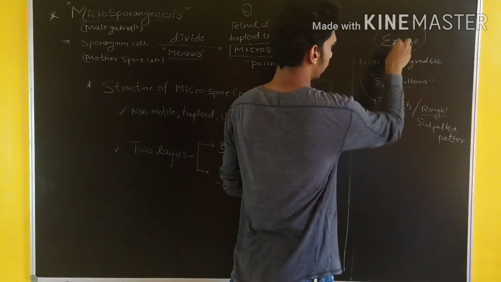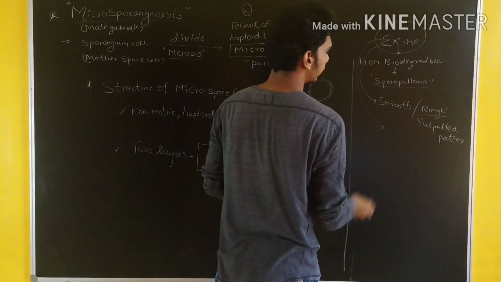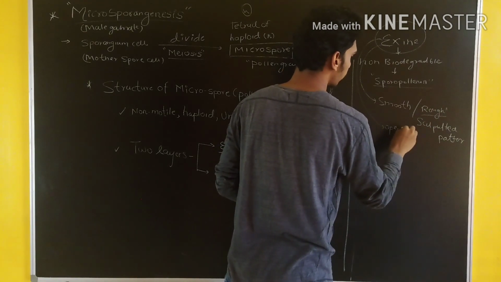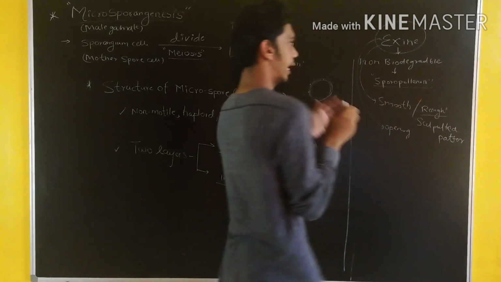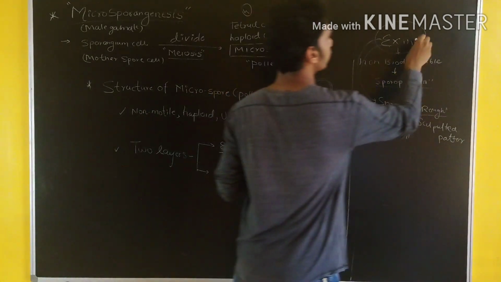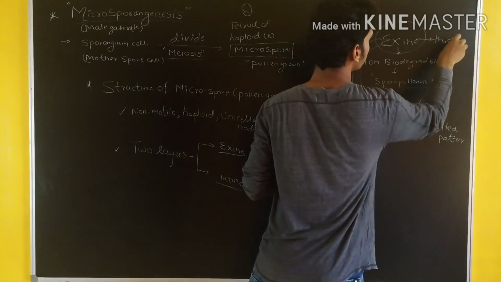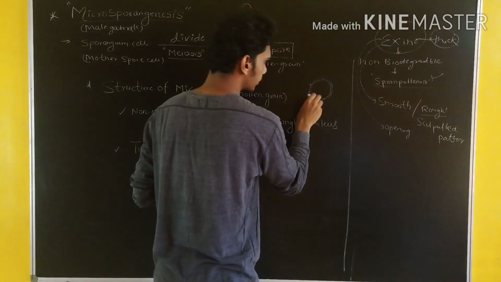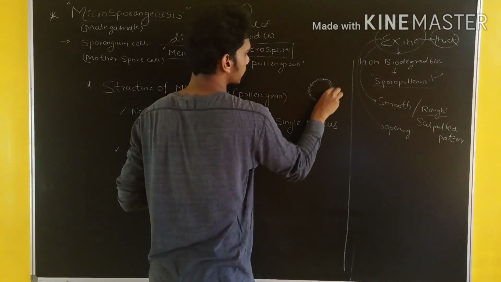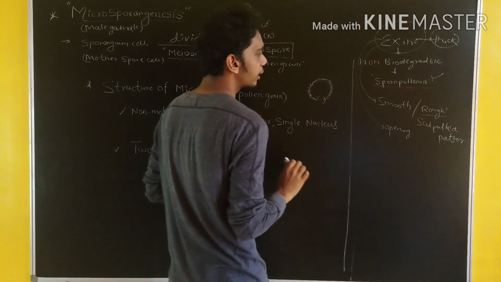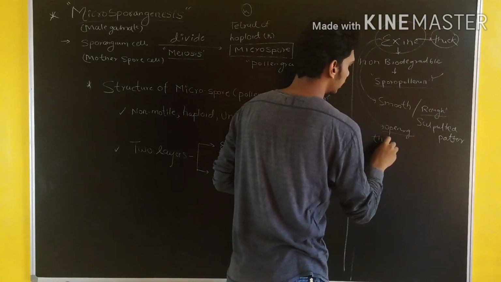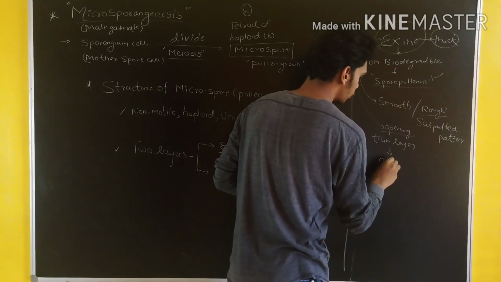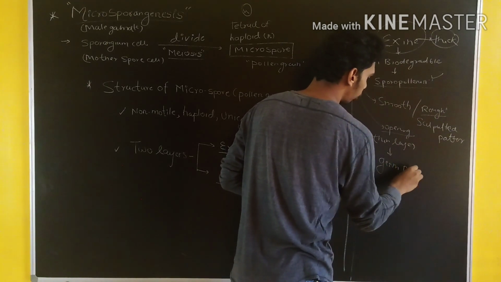Now at some points exine has openings. Exine has to be tough and thick, made up of sporopollenin, correct? But at some spaces, where it is otherwise a thick substance, there is a little opening made up of a thin layer, which leads to the formation of the germ pore.